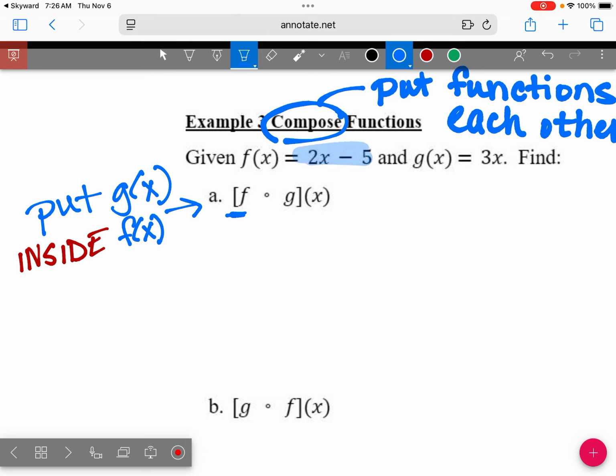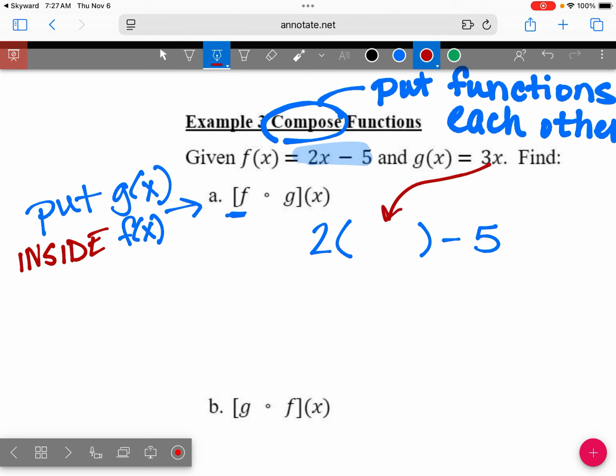All right, so if I'm going to put my G function into F, this is my F function. The F function says 2x minus 5. So what I want you to do is rewrite that, but put a parentheses where you see x. So instead of 2x minus 5, I'm going to write 2 parentheses minus 5. And then I'm going to take the g function and put it inside the parentheses.